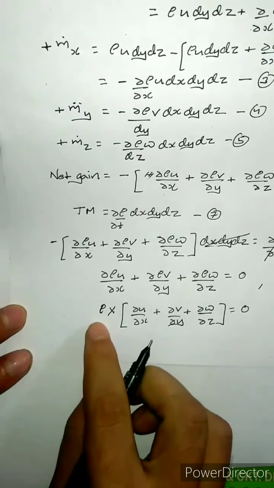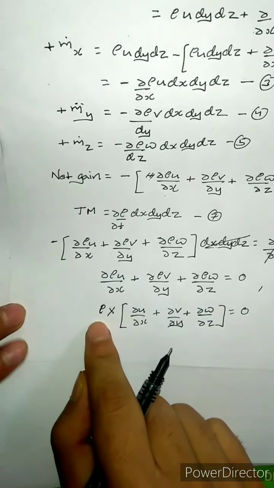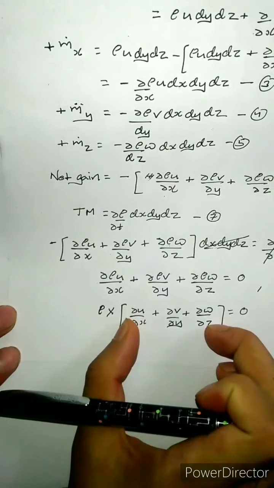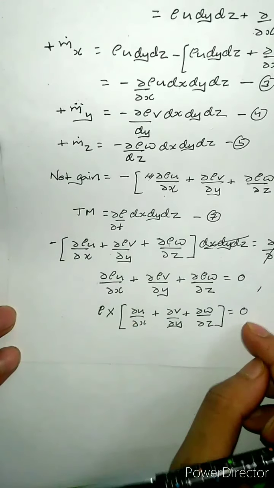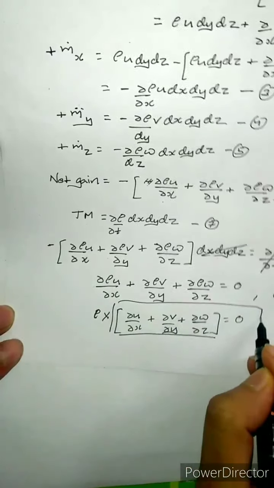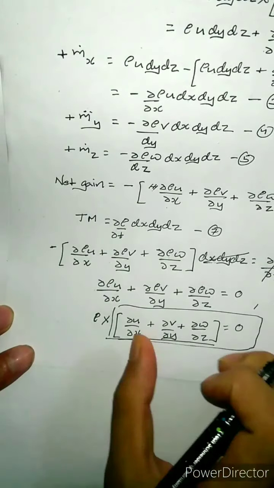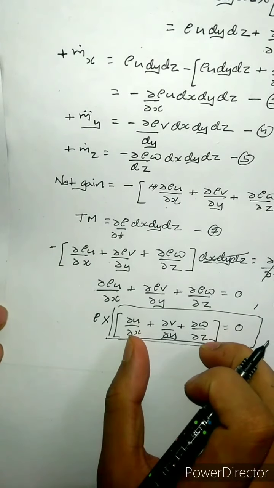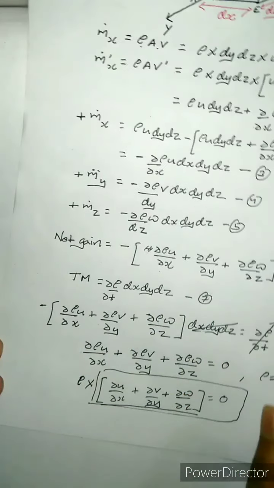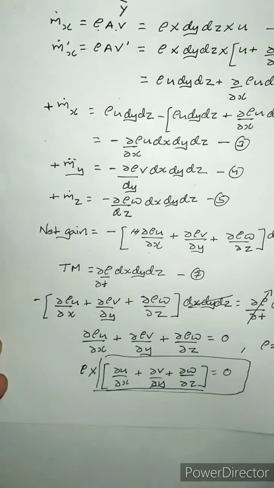As the density of the fluid will not equal 0, this portion is equal to 0. So this is the continuity equation for three dimensions in the case of steady flow or an incompressible fluid.